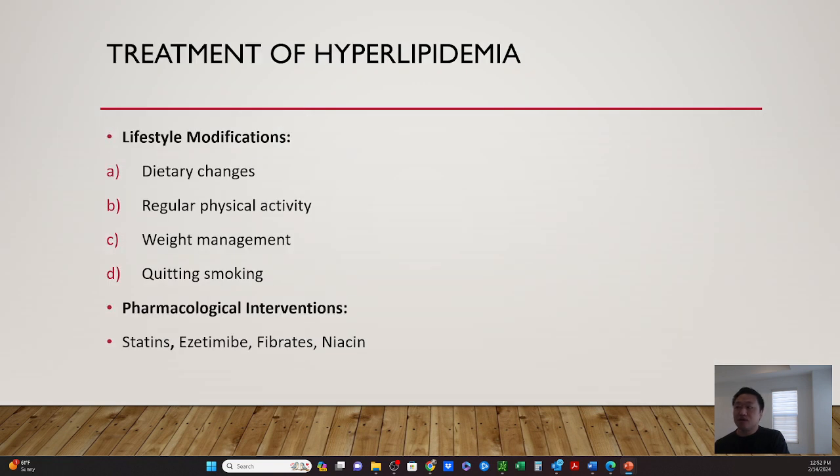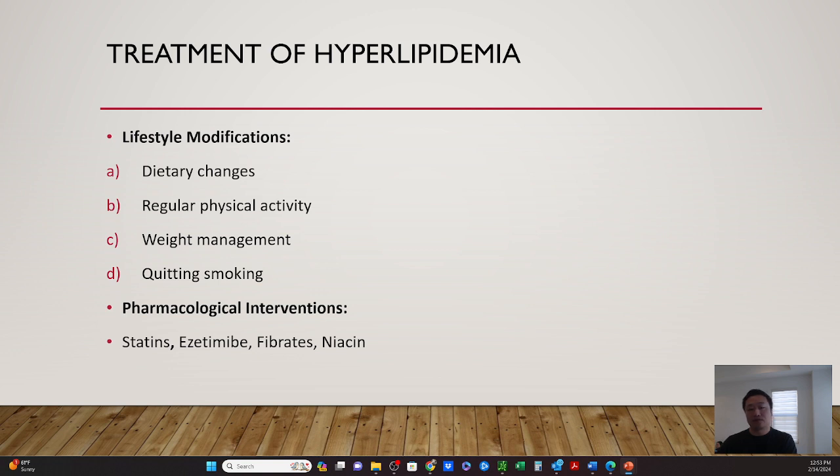So the treatment of hyperlipidemia includes dietary change, regular physical activity, meaning that you do more exercise, and weight management. You have to control your weight and quit smoking.